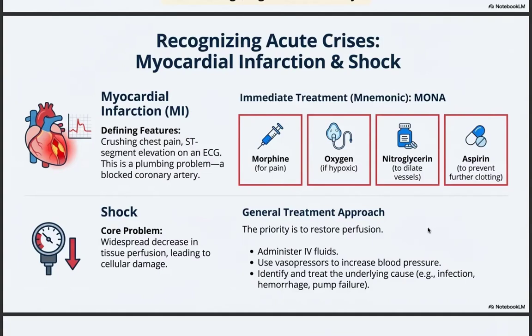So when we're looking at their EKG, that ST segment is pretty highly elevated. An NSTEMI is a non-ST elevated myocardial infarction. So they will have a depression in their ST segment.